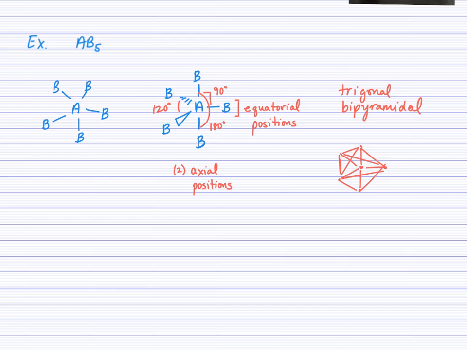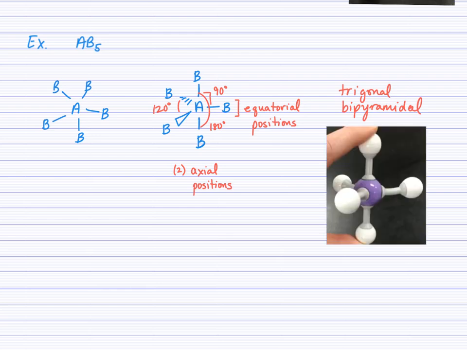So it's a little bit tricky to see there. It's a little bit tough with the dimensions. Okay, so there are 3 equatorial positions and 2 axial positions when there are 5 electron domains.